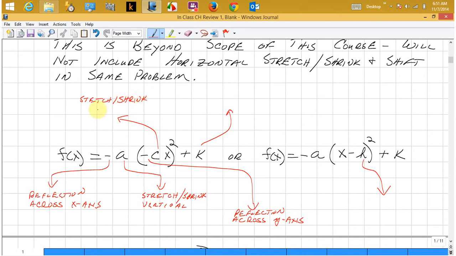And since it's affecting X, it will be a horizontal. This K value, that's going to be a shift up and down.